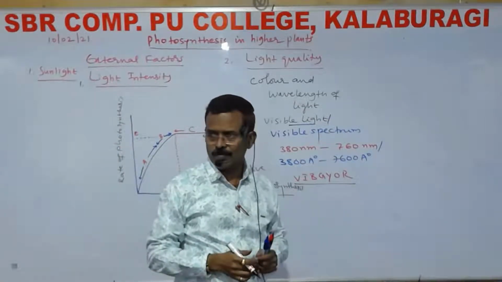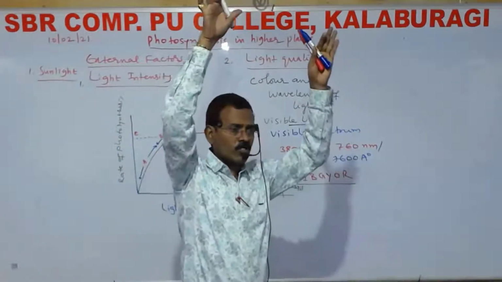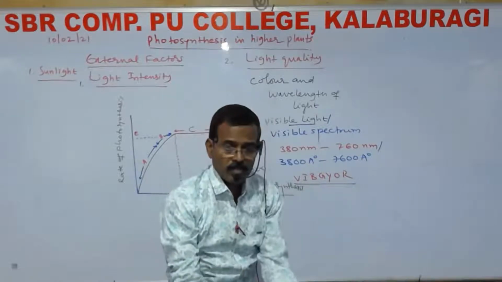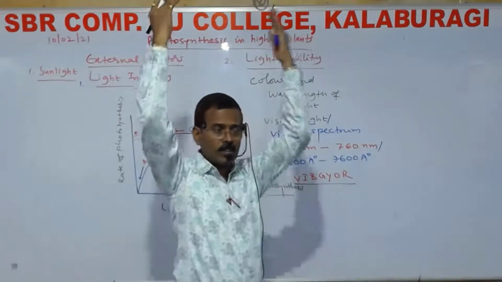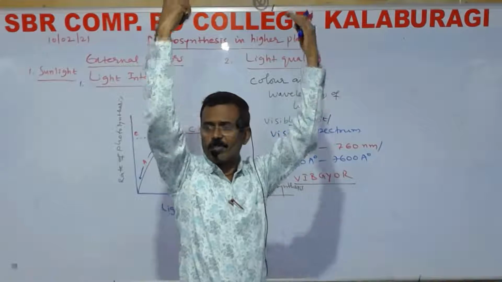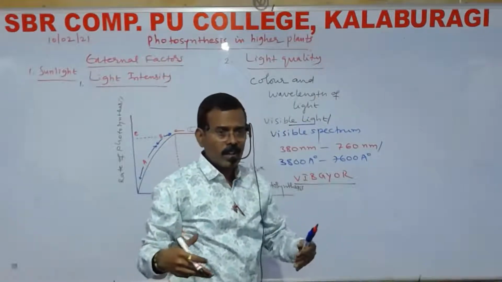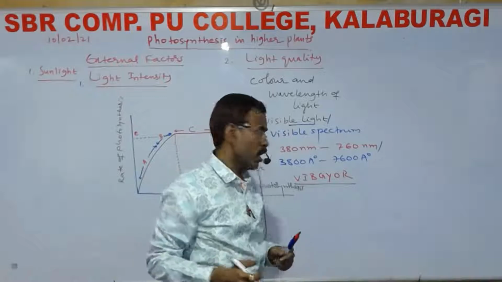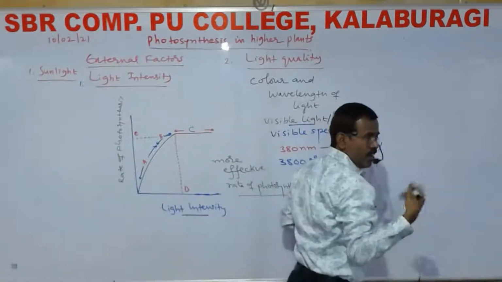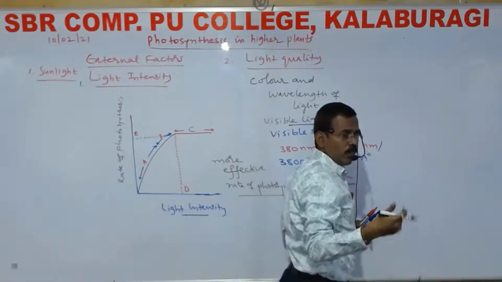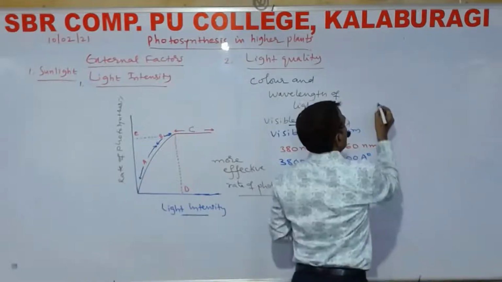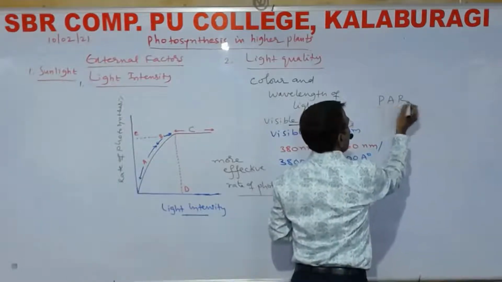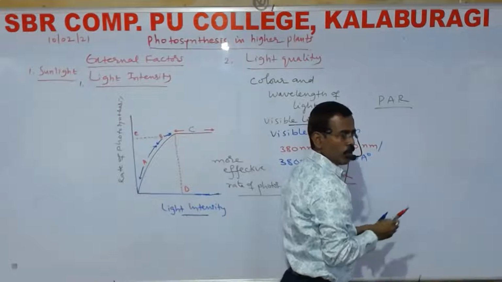Some of the radiations which reach the earth's surface are reflected back. Some are absorbed by the earth's surface and become infrared radiation. The radiations utilized for photosynthesis we usually refer to as PAR, photosynthetically active radiation.